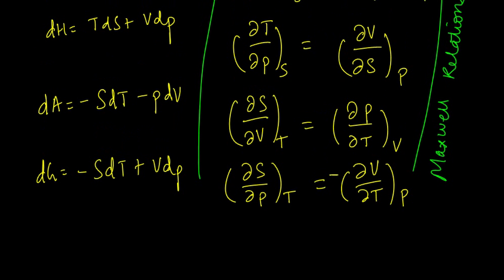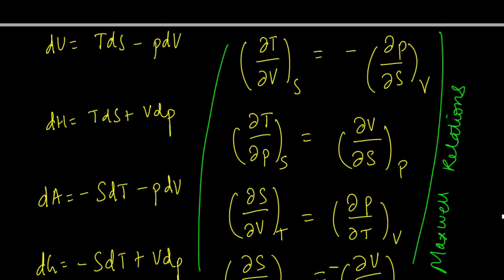You could even derive the identities which I've told you already and you've been waiting for. Pi T, for example. Going back over here, pi T was del U by del V at constant temperature.